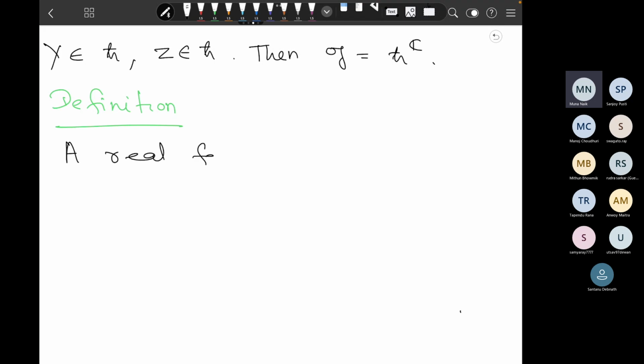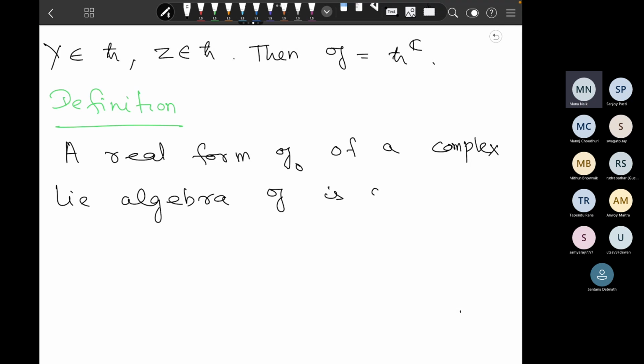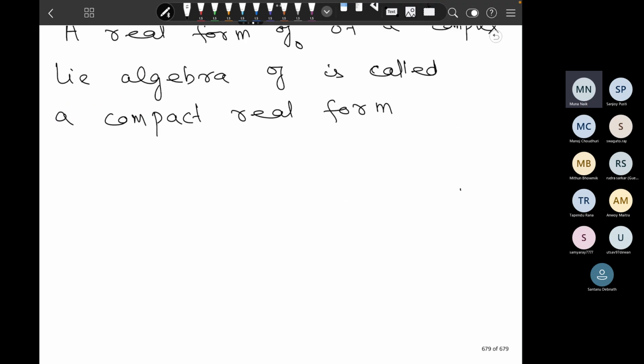A real form G naught of a complex Lie algebra G is called a compact real form if and only if G naught is a compact Lie algebra. We have defined this thing.